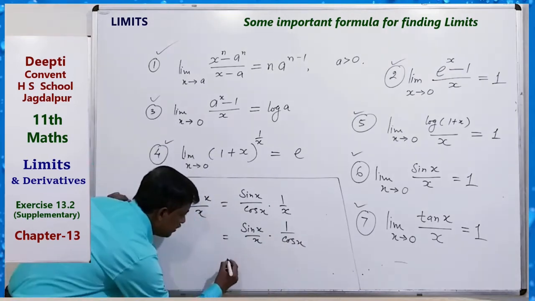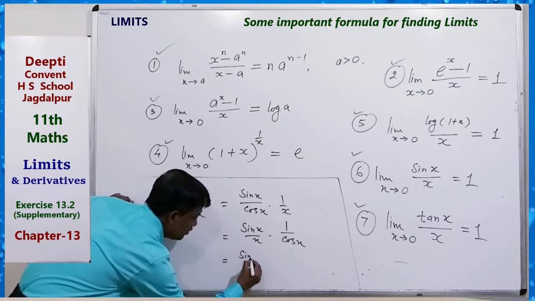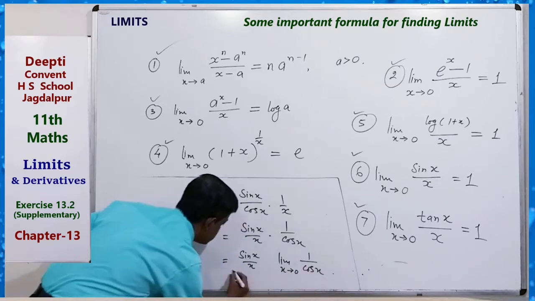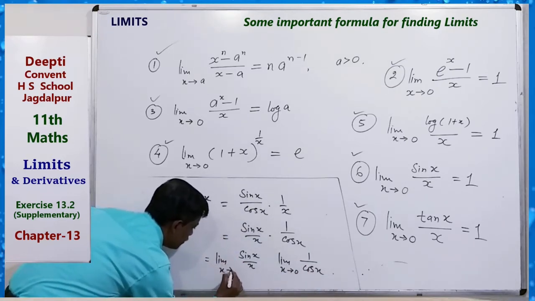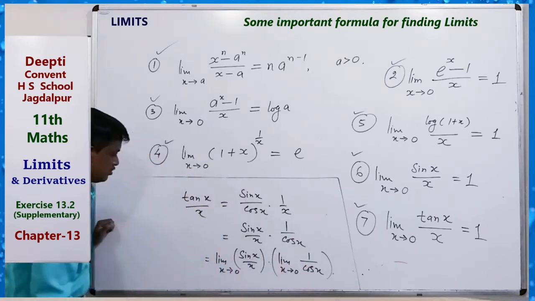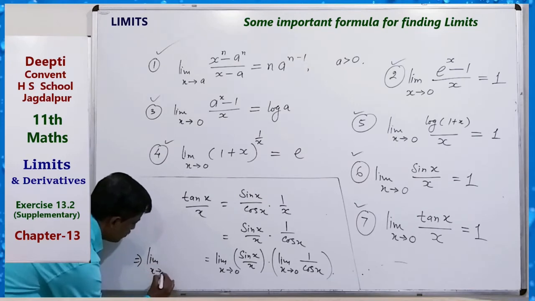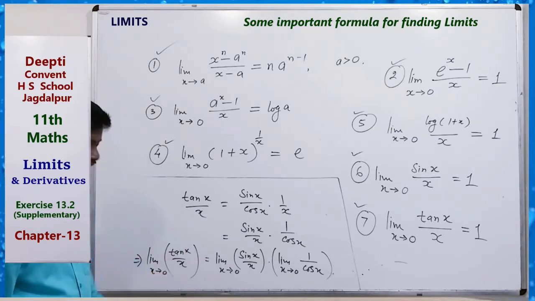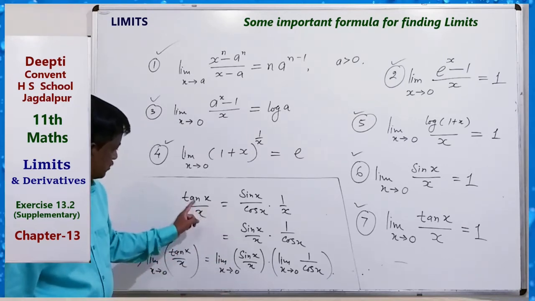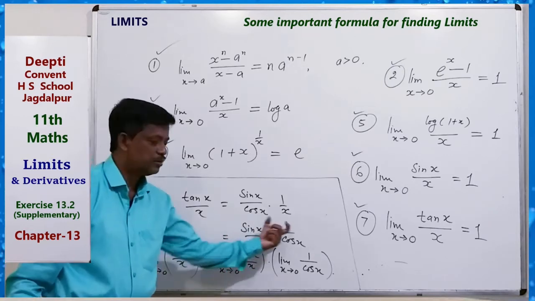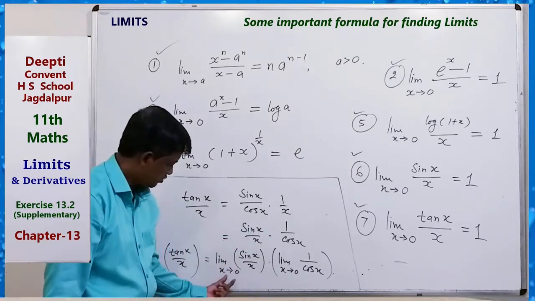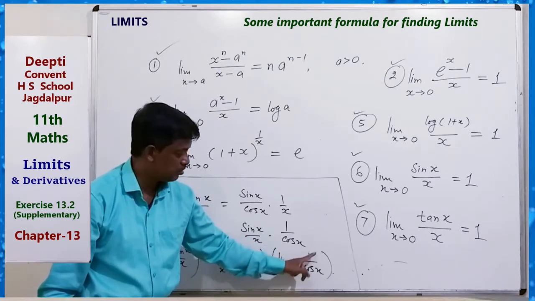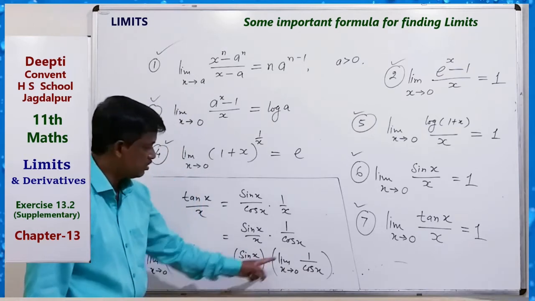So limit x tending to 0 of tan x by x equals limit of sin x upon x into limit of 1 upon cos x, by the algebra of limits. The first limit equals 1, and for the second, the limit distributes to numerator and denominator: 1 over cos 0, which is 1.